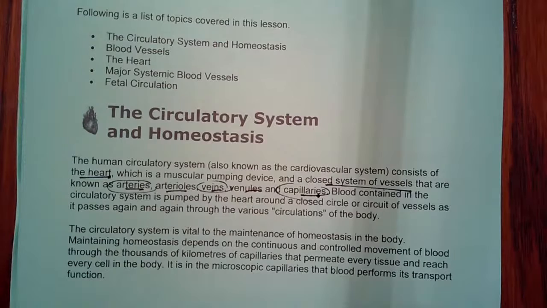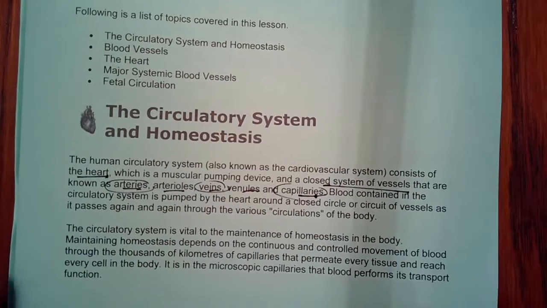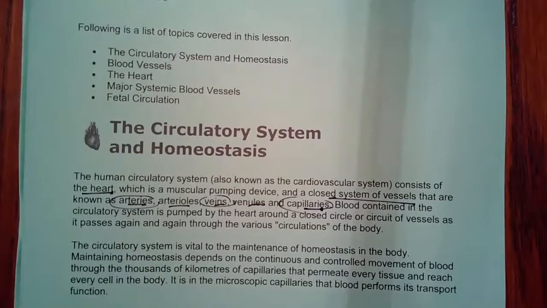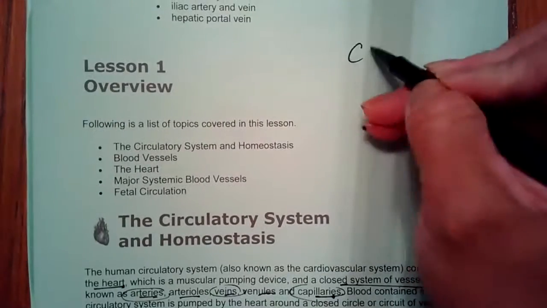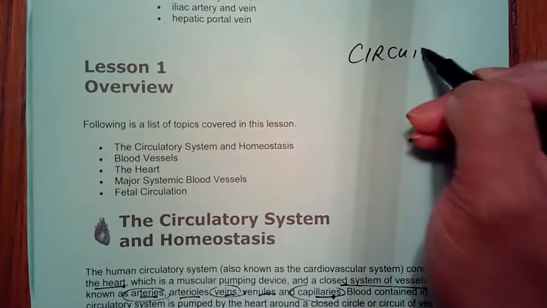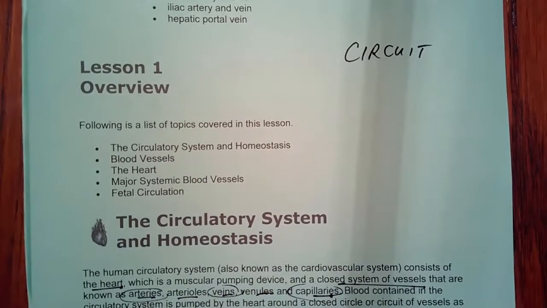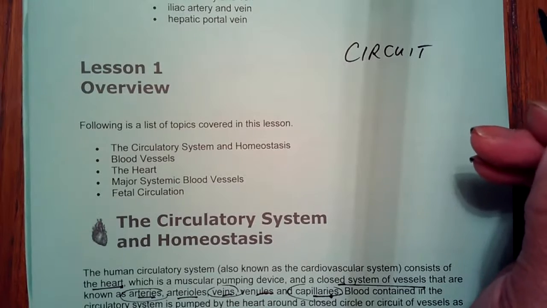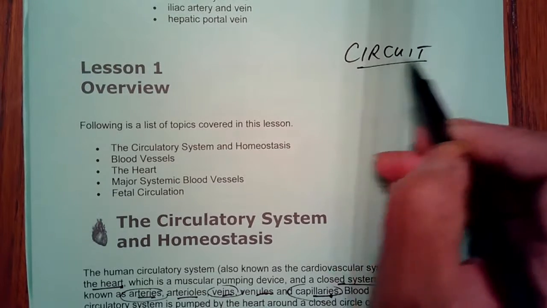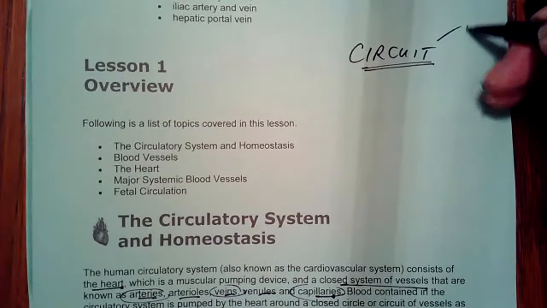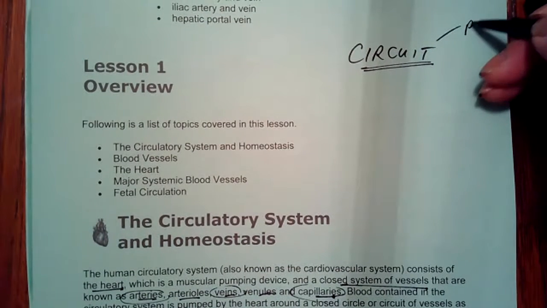The circulatory system, also known as the cardiovascular system, is very much like a circuit. A circuit has three parts. This is an electric circuit. The three parts are, you have a pump or the power source.